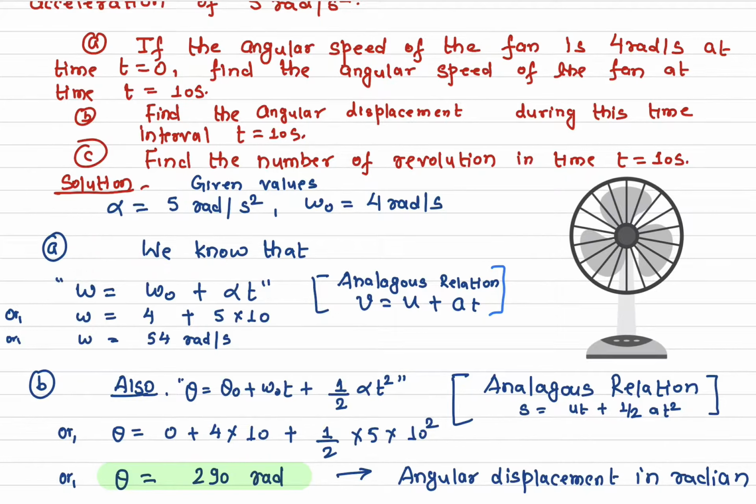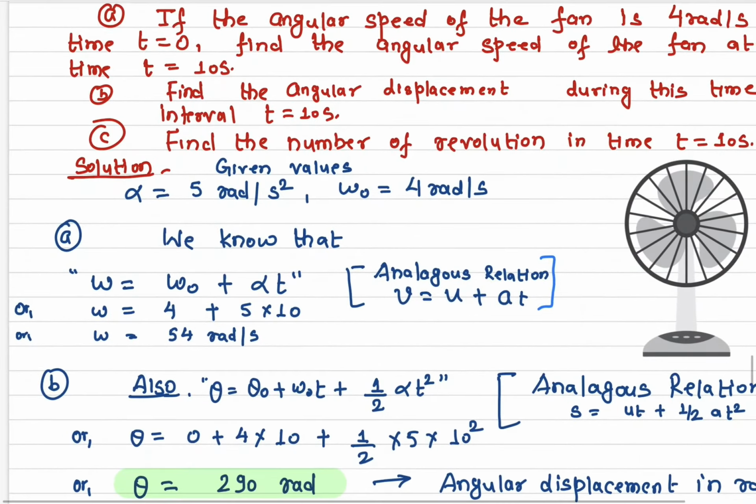The only thing you have to do is change v to the angular speed, and the initial speed to the initial angular speed. a, the acceleration, you change to angular acceleration, and the time is the time. So now let's just plug in all the values.